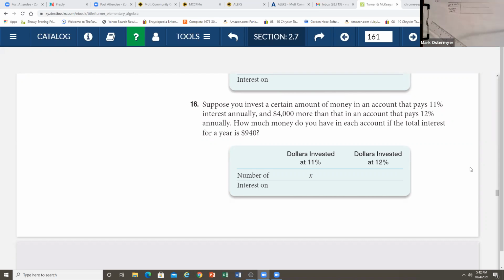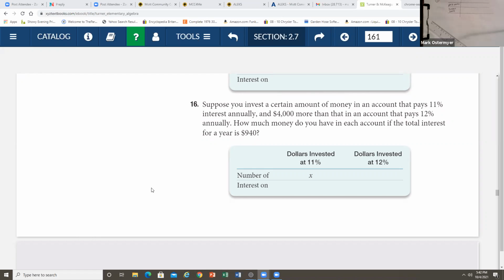So interest can be good and bad. Depends what end of the barrel you're on. Like I said, interest could be good or bad, depending on where you are with your interest, whether you're earning it or you're paying it out.